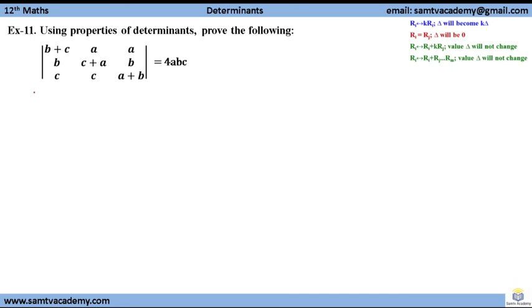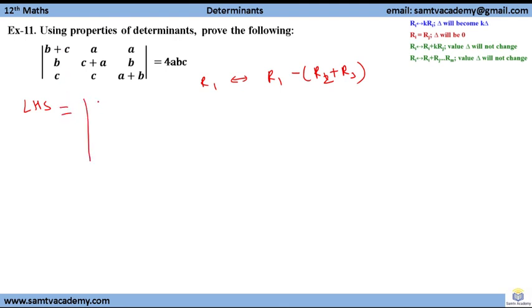So in this, as we did that, again I will solve for you. For the first step, you will apply R1 replaced with R1 plus R2 plus R3, because B plus C, if we subtract from this, here it will become 0.